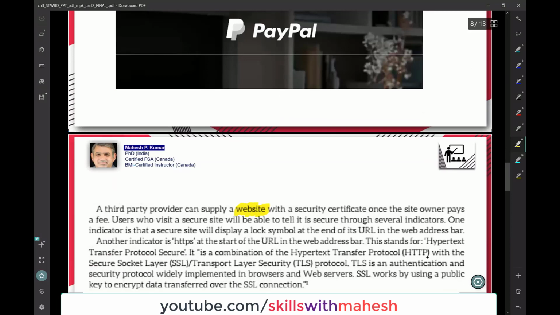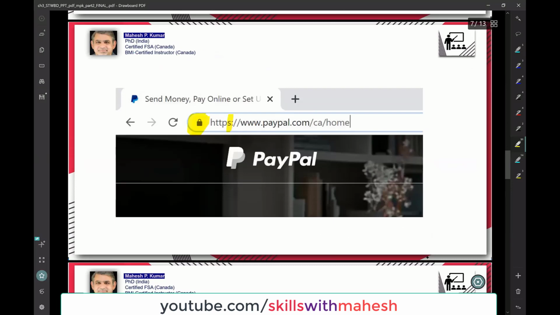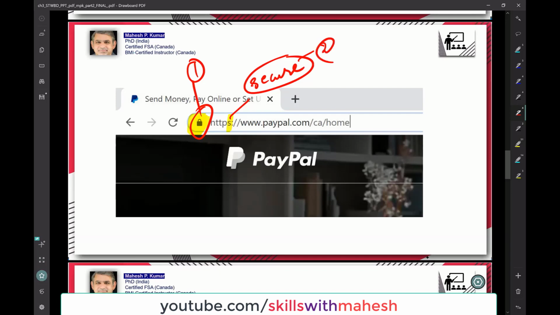This one, HTTPS, right? If there is an S at the end, this means it is secure, right? Now, if you make sure your website has a lock and there is HTTPS rather than just HTTP, then your website is secure. It means it is encrypted and it cannot be intercepted by somebody else, right?